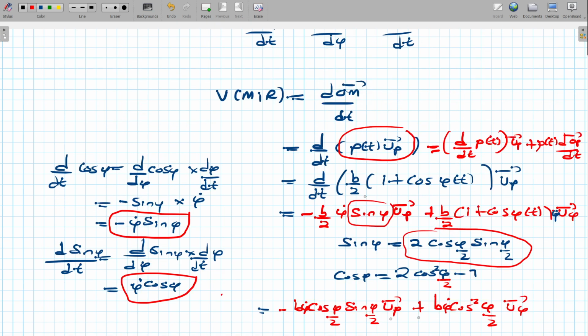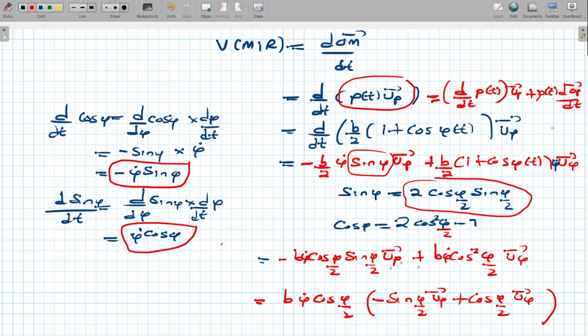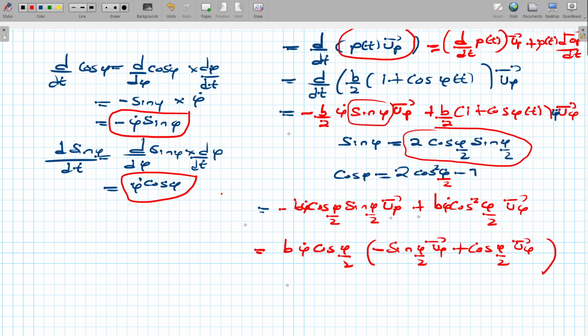But if you choose the previous expression, you're going to have a lot of problems calculating something like the norm of this vector. That is why I had to write it in another form. So this is the velocity of the point M in the reference frame R.